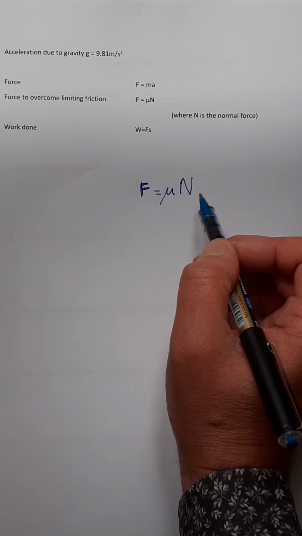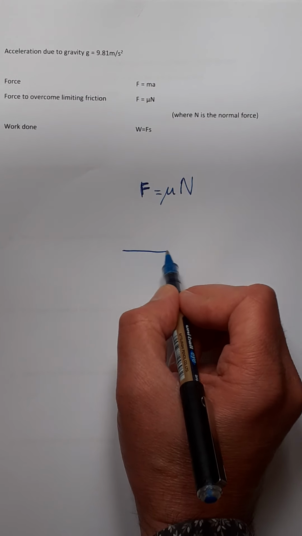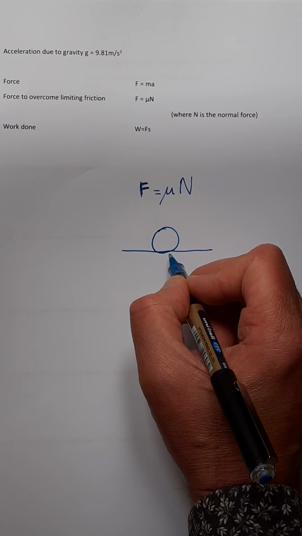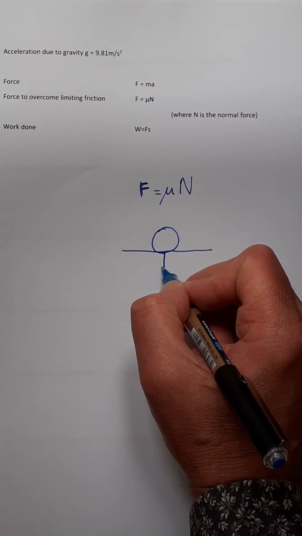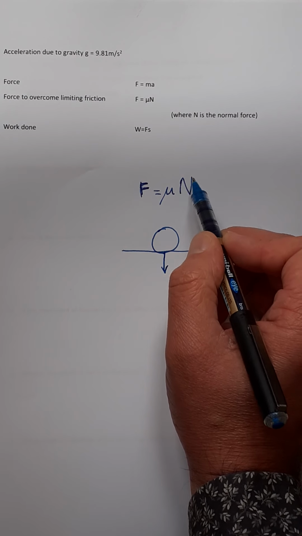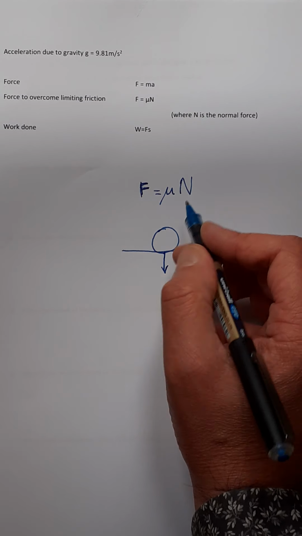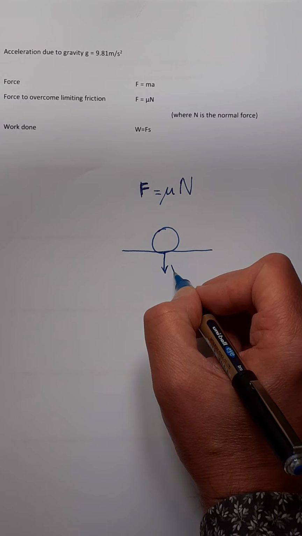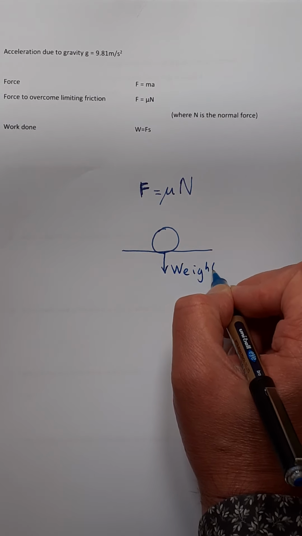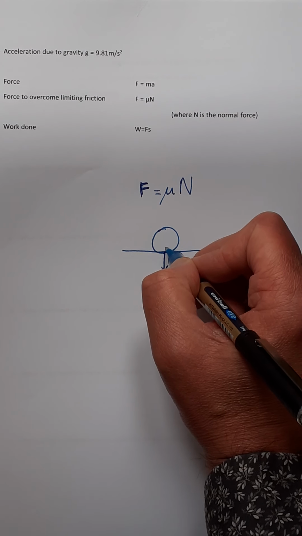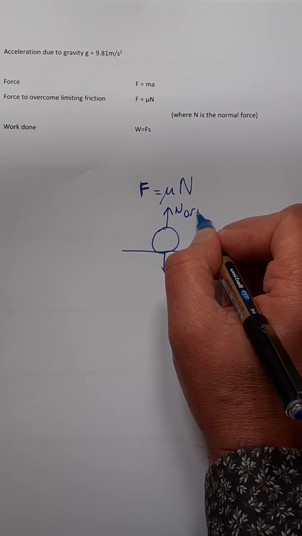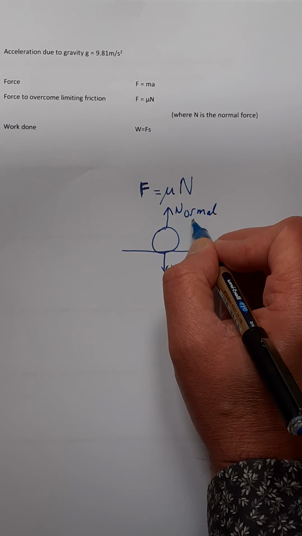And this N, this normal force, is worth a little bit of talking about as well. Whenever an object is in contact with a surface, then we can have a normal force that acts at right angles between that contact, and that's the meaning of the word normal: at right angles to. So if an object is sitting here with a weight, and it isn't moving through the floor, then there's going to be a balancing force that we call the normal reaction force.